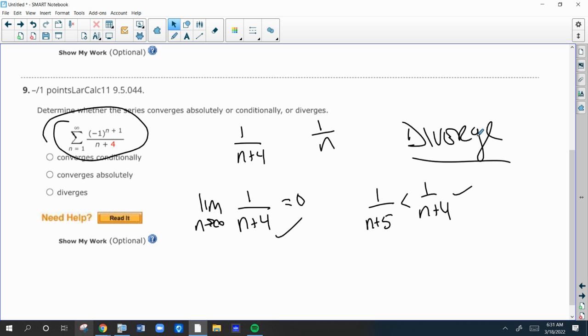But since the absolute value diverges, we're going to have to say this converges conditionally. So again, if you think about it, it's kind of dumb, but this series converges only under the condition that it's alternating. If it wasn't alternating, then it wouldn't have converged.